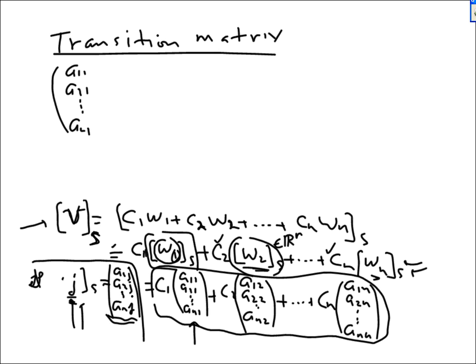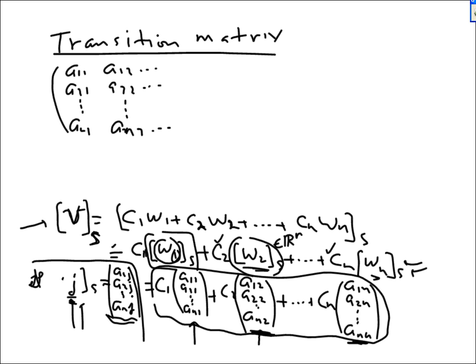And the second column will be A12, A22, down to AN2, and so on, and then I write the last matrix.